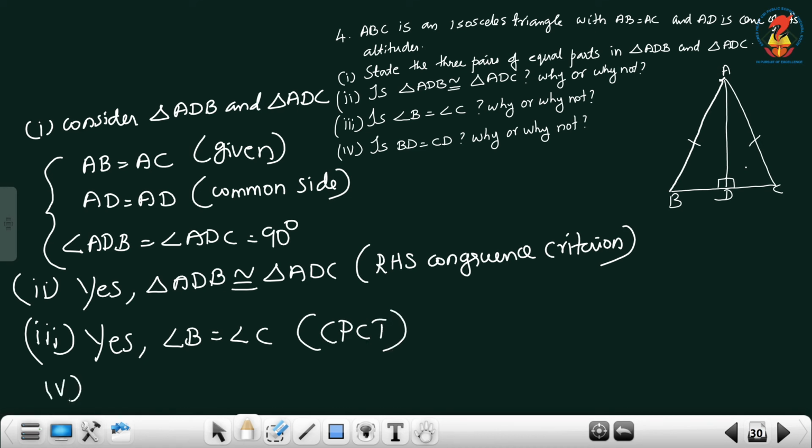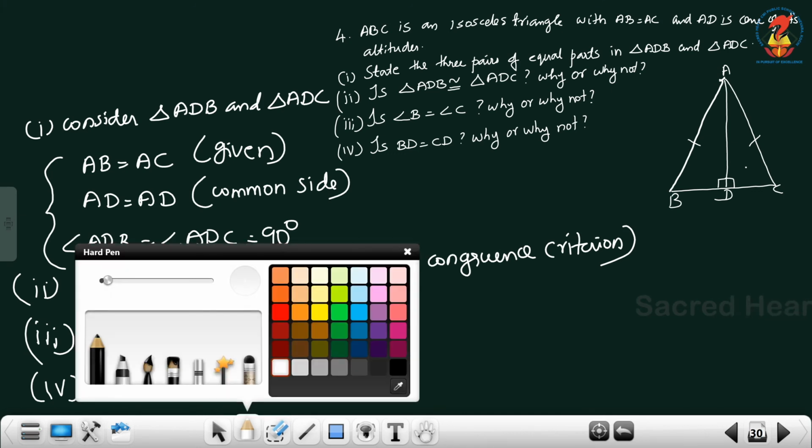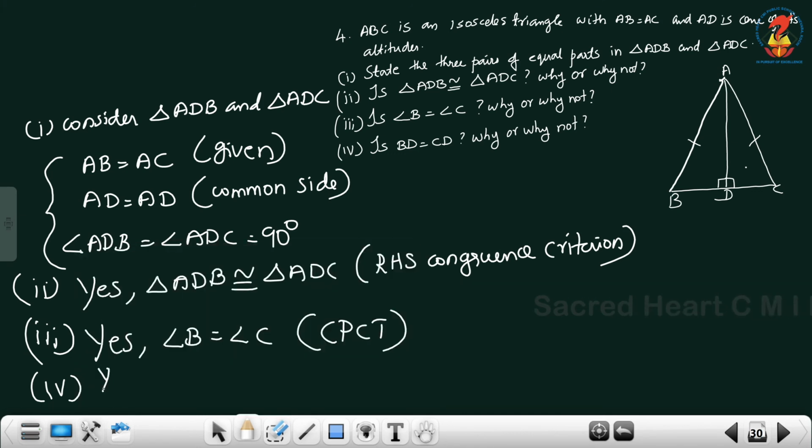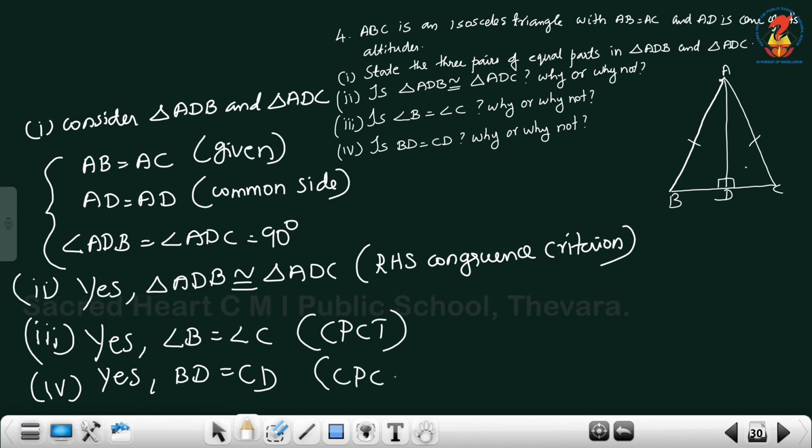Same way, fourth one also same. Is BD equal to CD? Yes, BD equal to CD. BD and CD are corresponding parts of congruent triangles. The reason is CPCT.